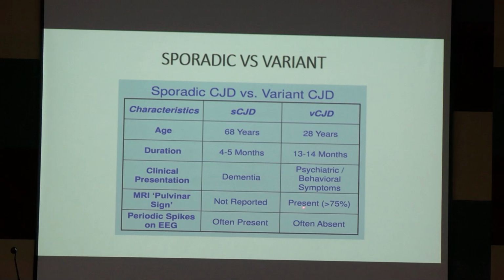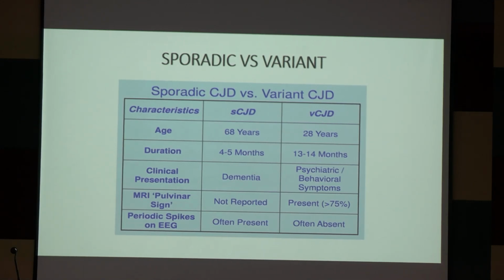Pulvinar sign, it is often present in 75% cases, not reported, okay. And EEG character, periodic spikes on EEG, often absent and often present, ঠিক আছে? সবকটা না হলে these are important points, বুঝে গেল?